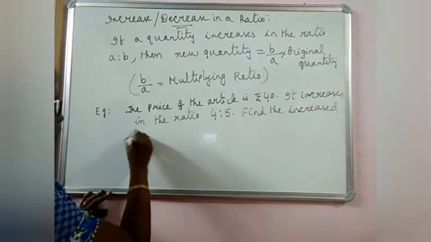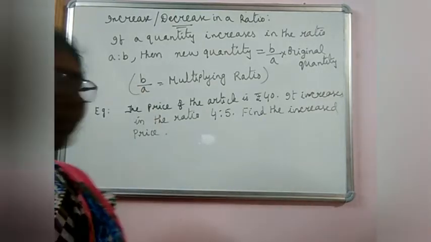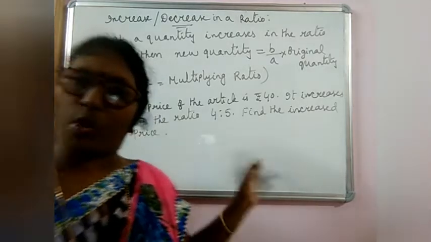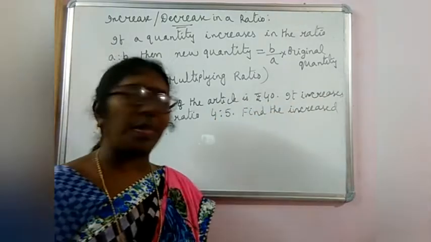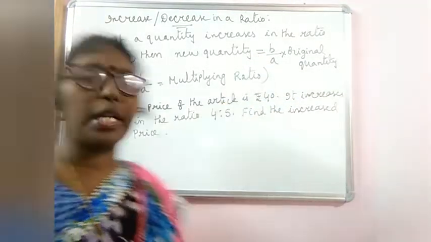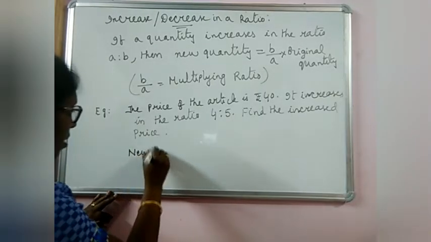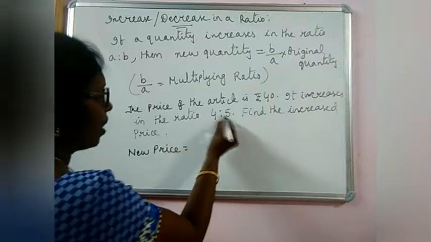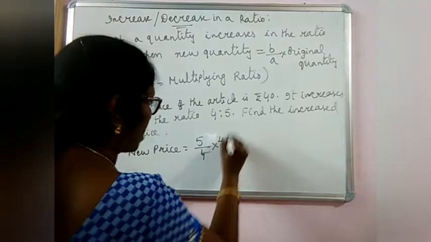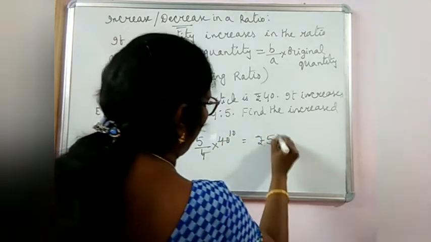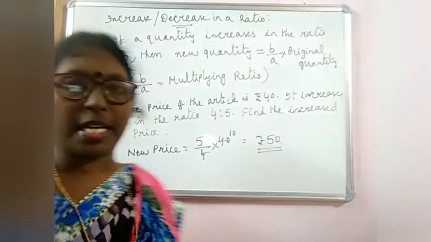Increased price means new price of the article. Given ratio is 4:5. Original price is 40 rupees here. So new price, as per this, is 5/4 into 40 rupees. Directly I am writing: new price is equal to 5/4 into original price of 40 rupees. So you will get 50 rupees. Clear? So B by A is said to be the multiplying ratio.